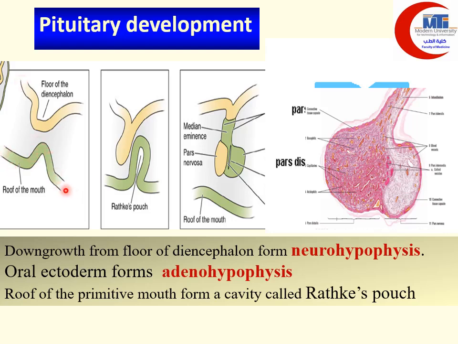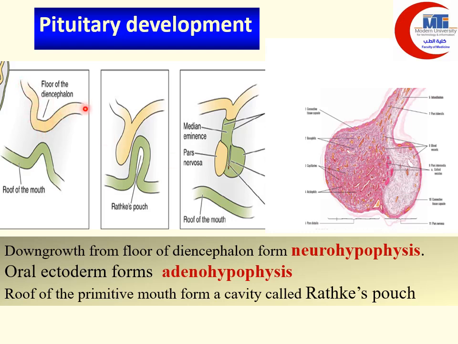Adenohypophysis develops from evagination of the roof of the mouth cavity, which continues to evaginate to form in the center a pouch or cavity called the Rathke pouch. Then this part separates completely from the roof of the mouth to form the adenohypophysis part of the pituitary gland.